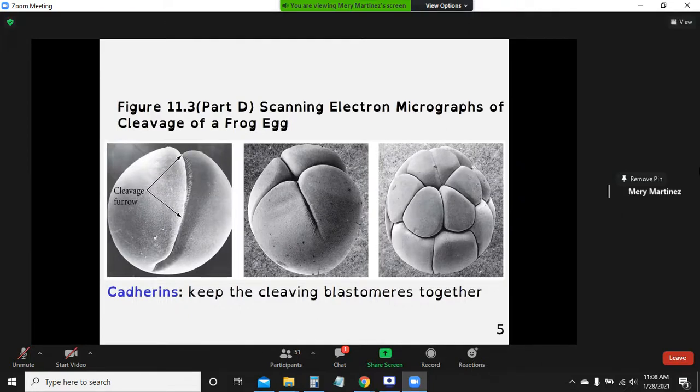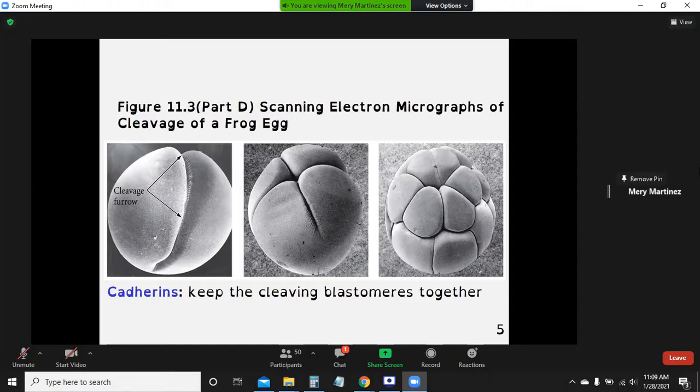So just to recap, the first division is meridional, bisects the gray crescent and slowly progresses from the animal towards the vegetal pole. The second division is at a right angle to the first and is also meridional. Because of the yolk concentration in the vegetal pole, it slows the cleavage.